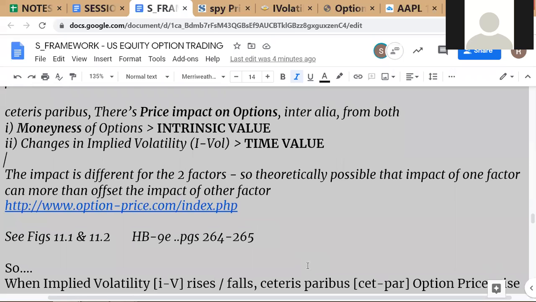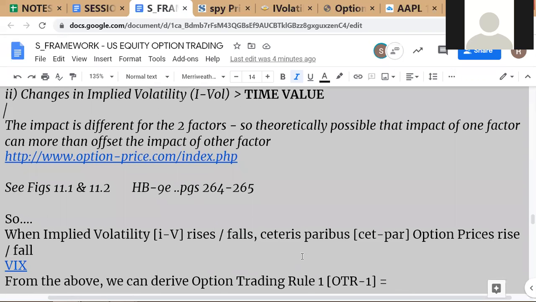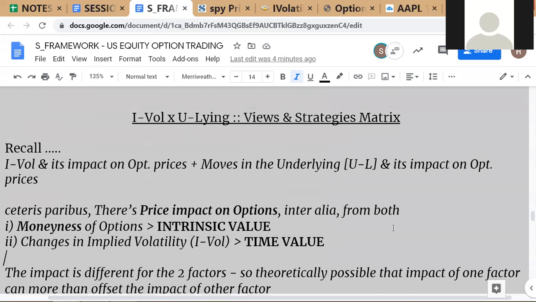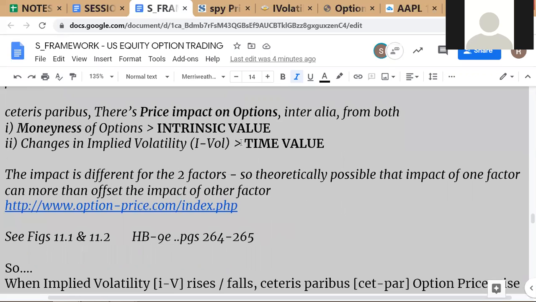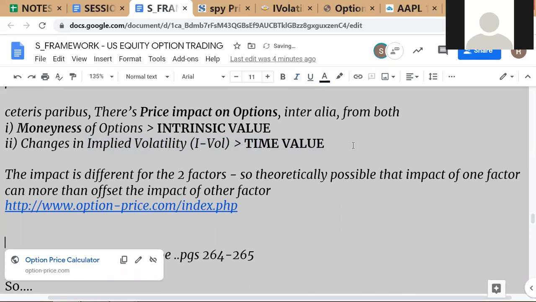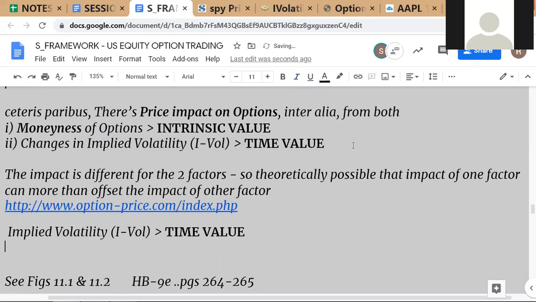Now, out of this, we should just write this down. This is one, and for time value we'll write one more point here. I'm just going to make a note of this, so you understand this is an important concept.